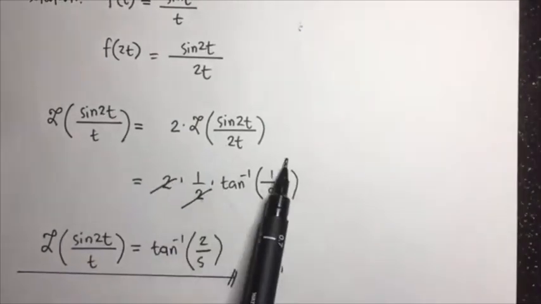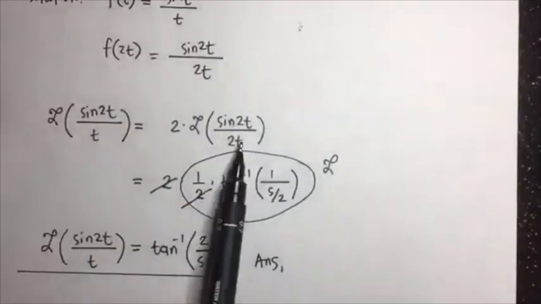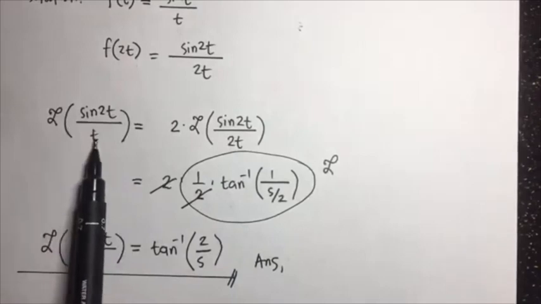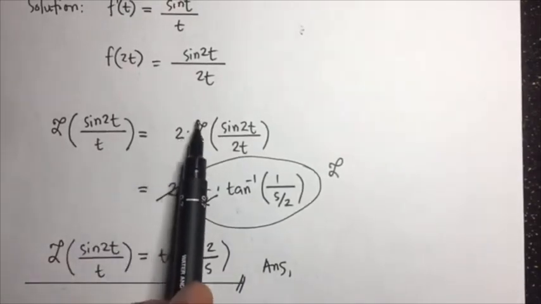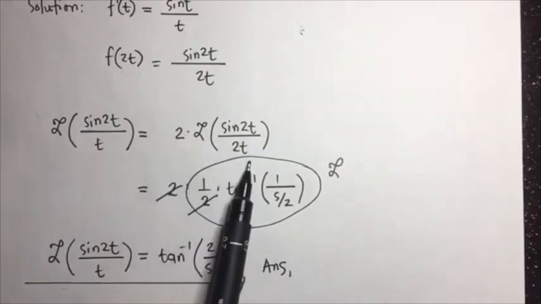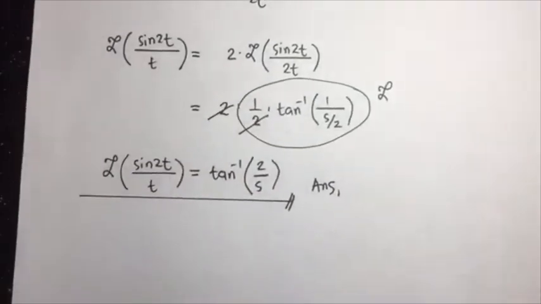This part here is the Laplace transform of sine 2t over 2t, and what we need is a denominator of t only, so that's why we multiplied by 2 to cancel out that 2. What remains is sine 2t over t.